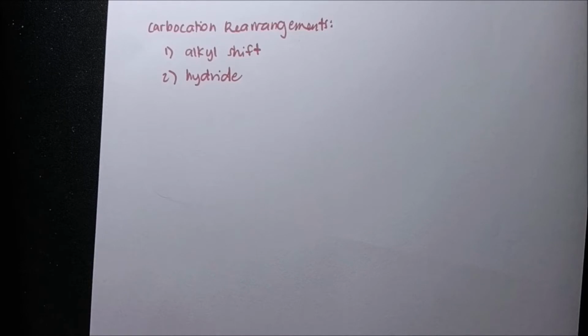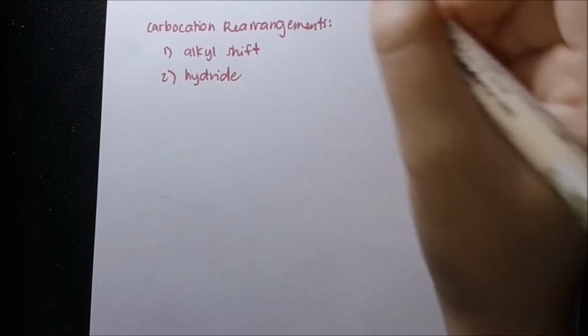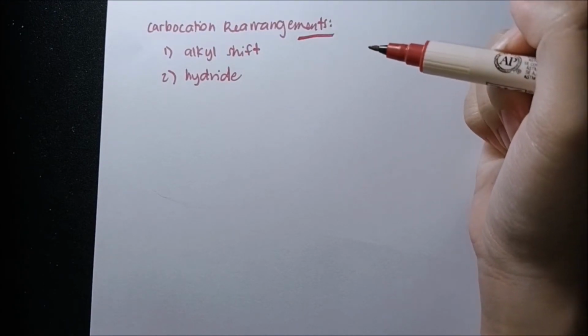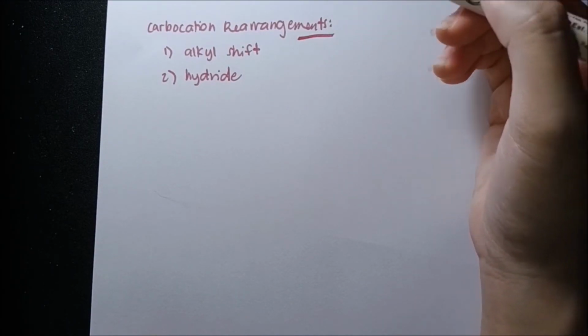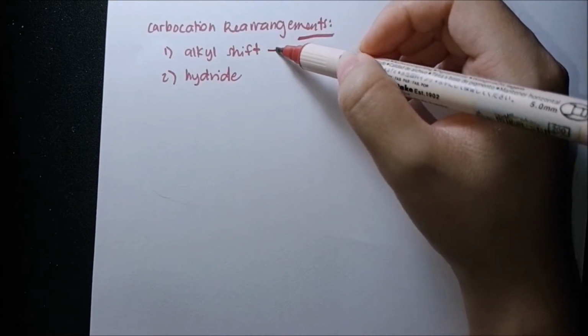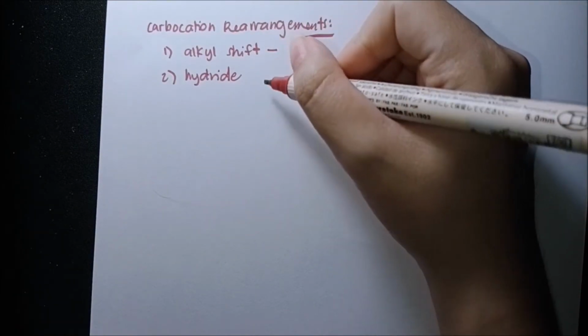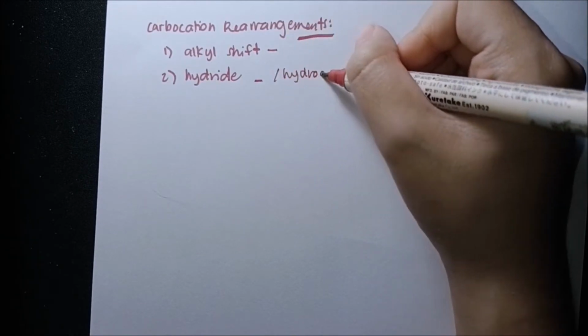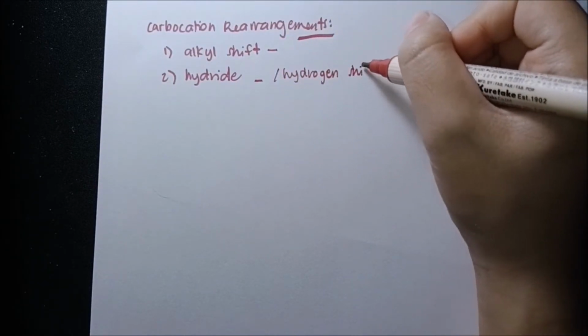Now, when a carbocation is less stable, it can choose to undergo rearrangement to be more stable if its structure will allow it to. We have two ways of carbocation rearrangement. First is the alkyl shift, and second is the hydrogen or hydride shift. For an alkyl shift, this is what happens.